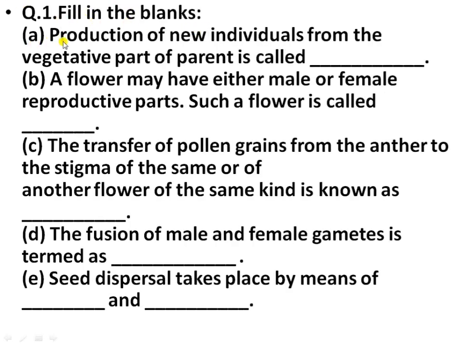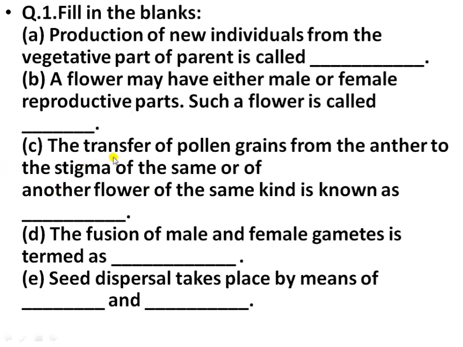The first part: the production of a new individual from the vegetative part of the parent is called vegetative reproduction. Second: a flower may have either male or female reproductive part. Such a flower is called a unisexual flower. Okay, only either a male or a female reproductive part is present, that is a unisexual flower.